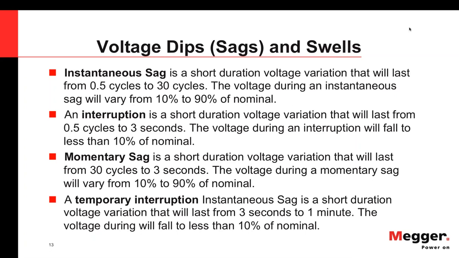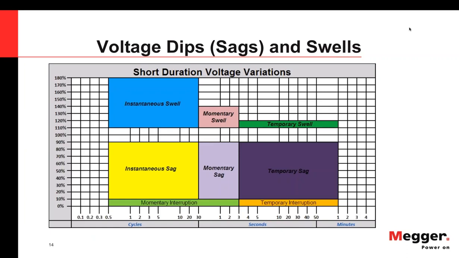It's a short duration variation that lasts from 30 cycles to 3 seconds, so it's longer than an instantaneous, and the voltage drops to 10 to 90% of nominal. And a temporary interruption lasts from 3 seconds to 1 minute, and the voltage will drop to less than 10% of nominal.